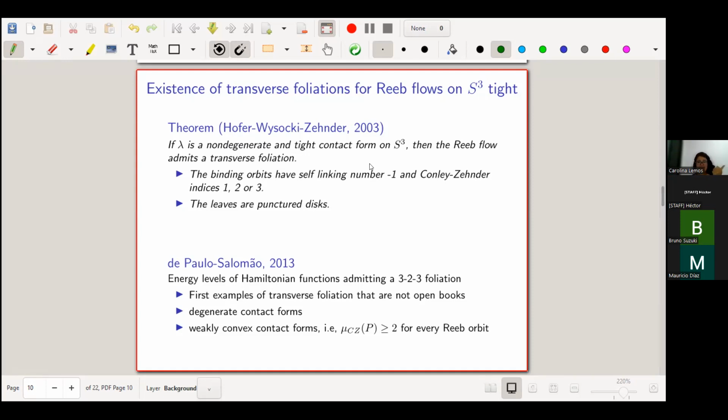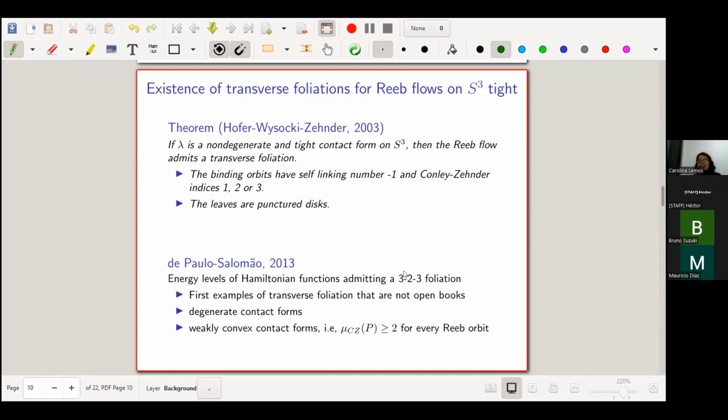Of course, in that previous result, we know that in the dynamically convex case, we have open books where each leaf is a global surface of section. But the first result involving a transverse foliation that is not an open book was a paper by Nayara de Paula and Pedro Salomão in 2013. I will not state the theorem because it would take too long.